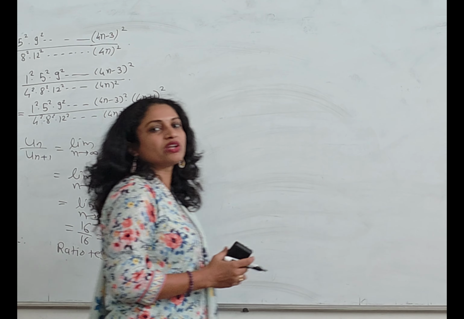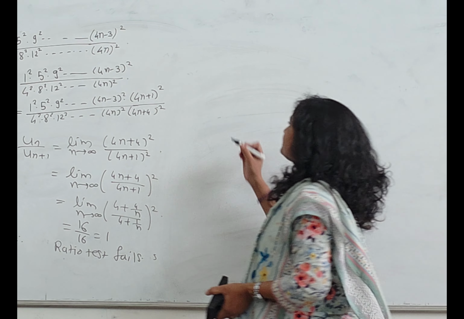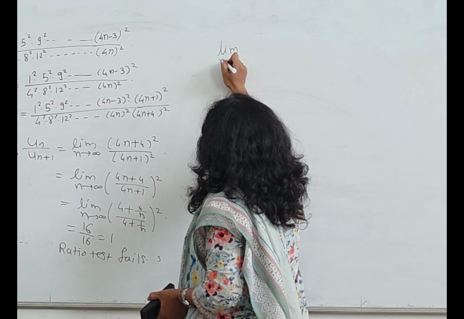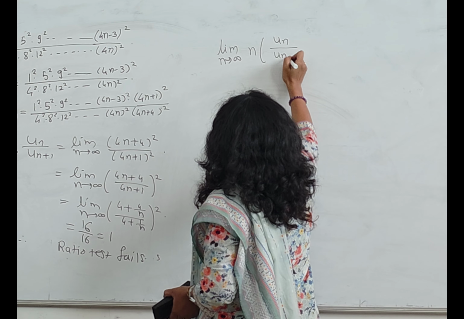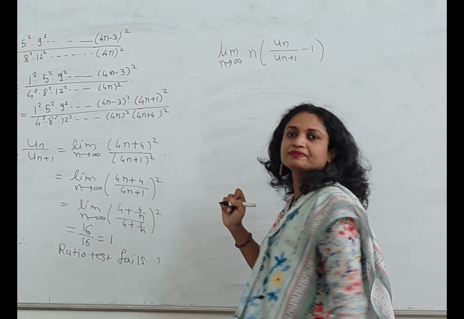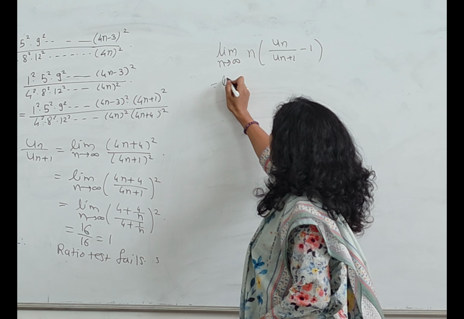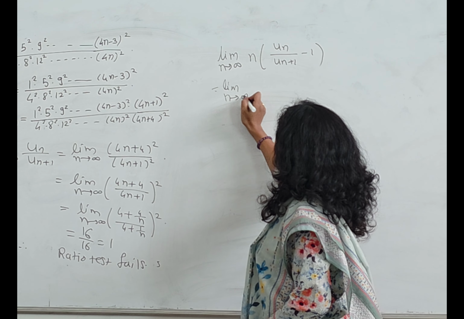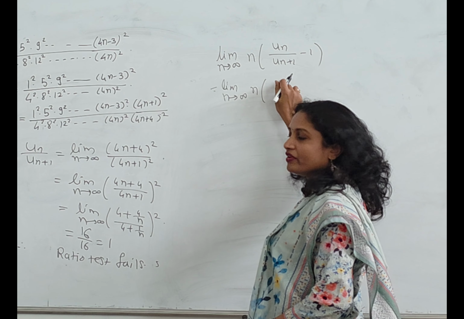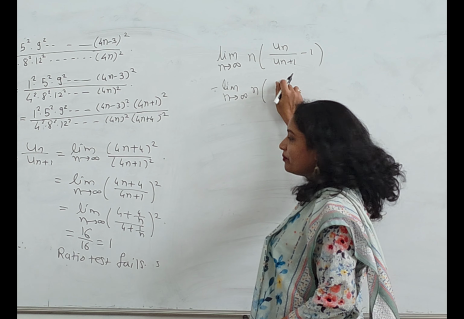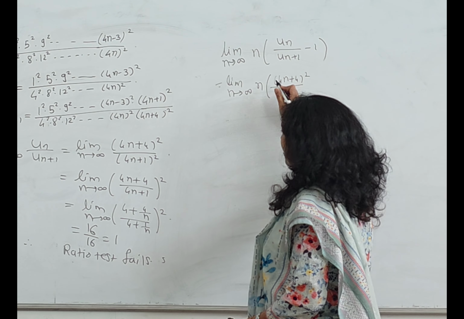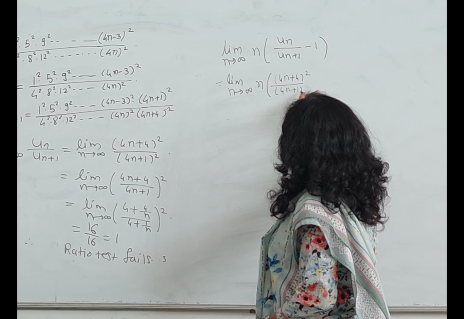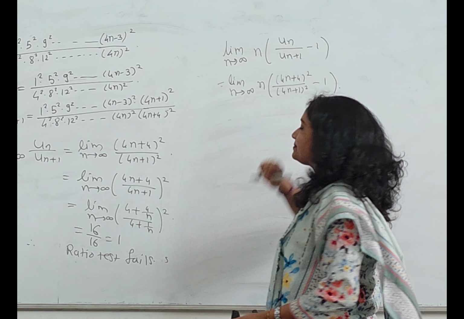Raabe's test. So what is the pattern of Raabe's test? Limit of n tends to infinity n into un upon un plus 1 minus 1. So let's write here limit of n tends to infinity n. Un upon un plus 1 is this one. As it is in the square, let's take whole square of this. So this will be 4n plus 4 whole square upon 4n plus 1 whole square, minus 1.